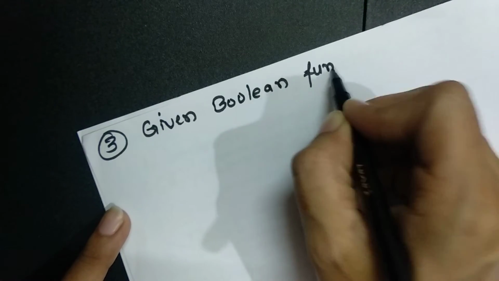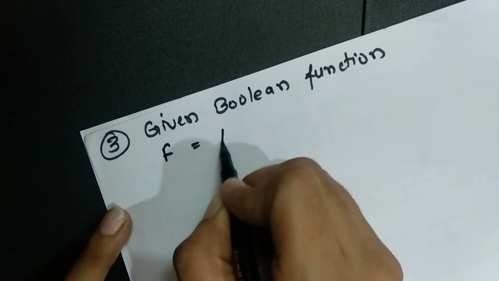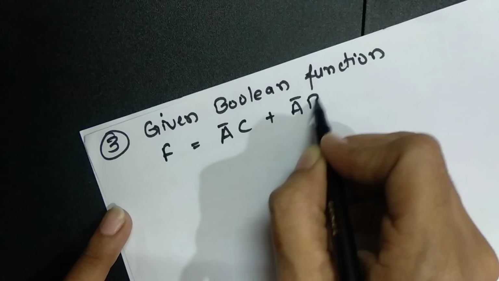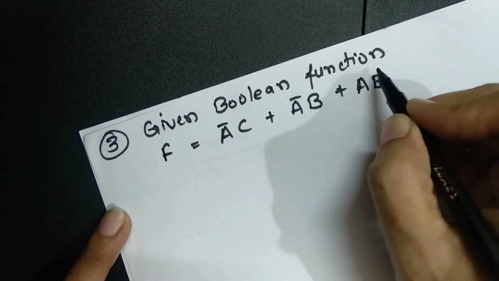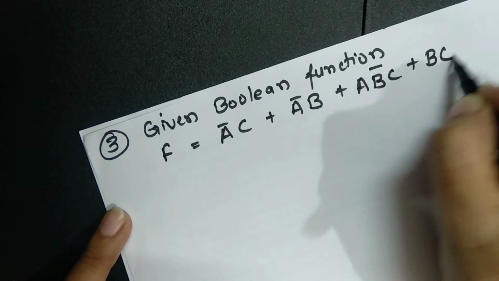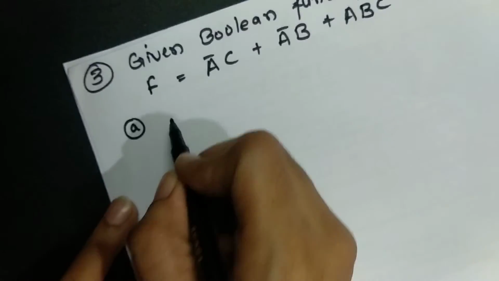A Boolean function f equals a bar c plus a bar b plus a bar c plus bc. There are 2 problems asked in this one.